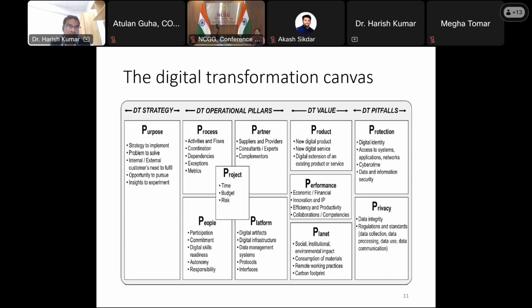Like I have stated that government is already working on this, like developing the online platforms to invite all the citizens to write some issues or maybe the ideas. If we talk about this third one, platform, digital artifact, what are the digital objects available, what are the digital documents, audio, video, software applications available, we need to work on digital infrastructure in terms of the networking, computing capabilities, communication, digital services, right?